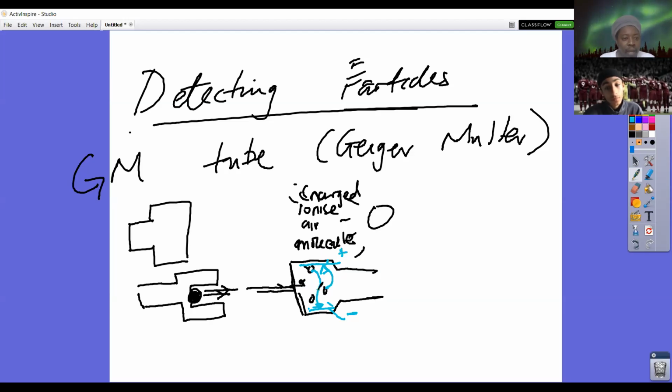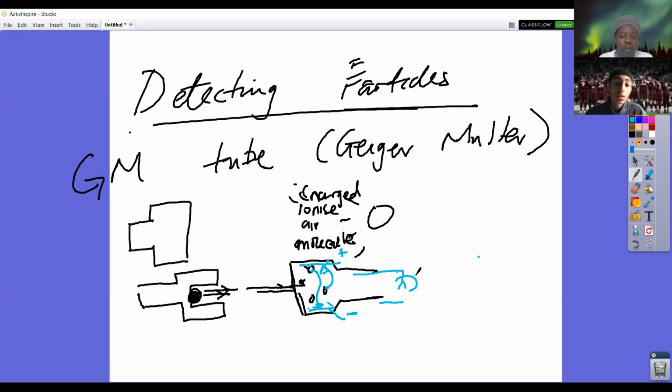Current is the rate of flow of charge. Good. So because there is charge that is flowing to these plates, there's going to be a current generated. So this Geiger-Müller measures the current that is being produced. And from the current, we're able to know how much of the air inside has been ionized.